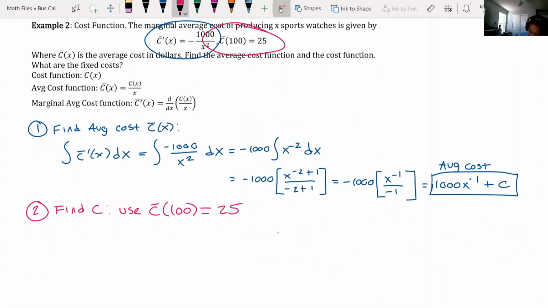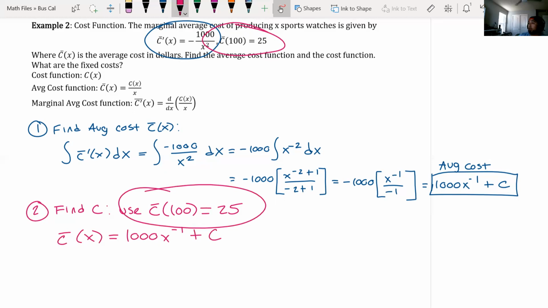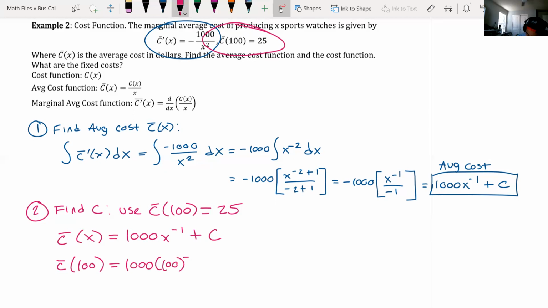So what we know right now is that C bar of X is equal to 1,000 X to the negative 1 plus C. That's our average cost. Now using this clue, we're going to plug what number in for X? Well, remember that's 100. So you'll get C bar of 100 equal to 1,000 times 100 to the negative 1 plus C.